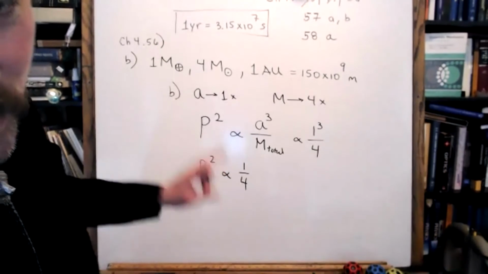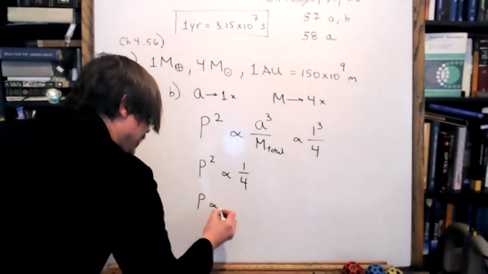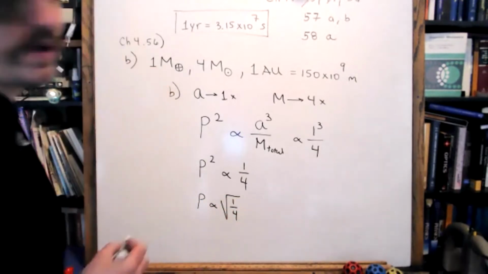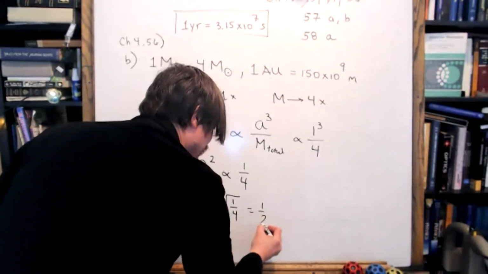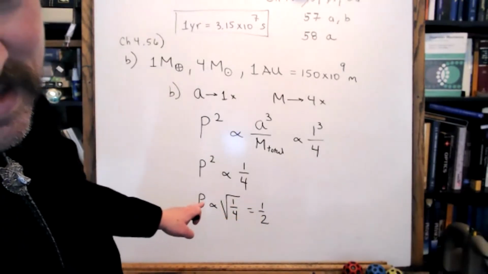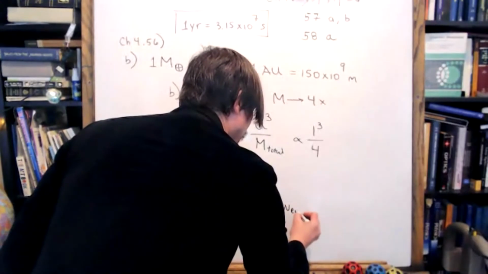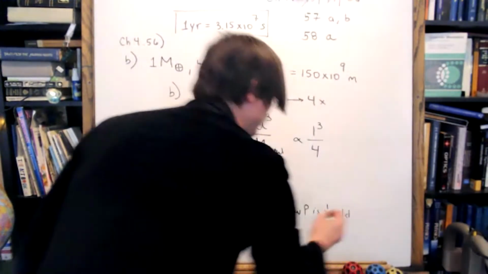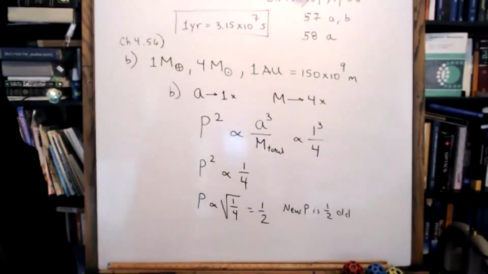Now, if we square root both sides, we find that p is proportional to the square root of 1/4, and that's equal to 1/2. The new period is half the old period. And since the old period was 1 year, the new period is half a year.